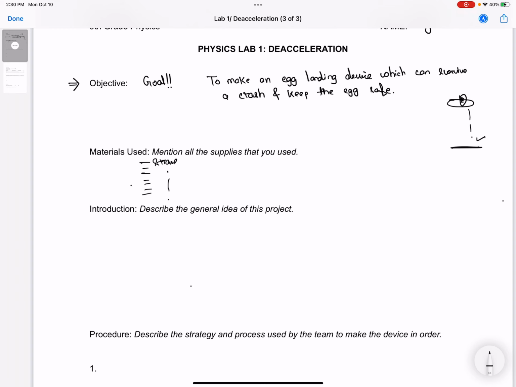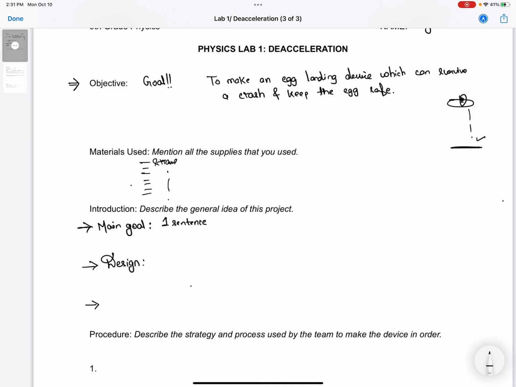So this should include at least 3 things. First, what's your main goal? So you're basically writing your objective again, but in a different way, in a different sentence. So one sentence should be for the main goal. Then you should write one sentence about the design that you made, like how you made your egg landing device, something about the design, what you used, what was the main idea.